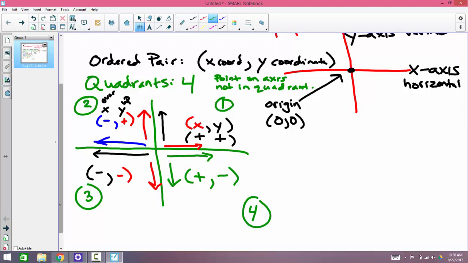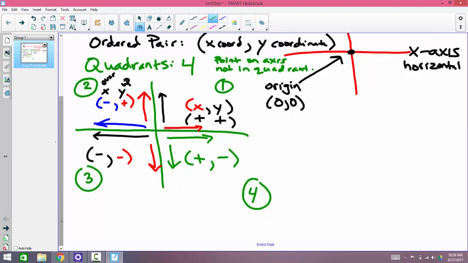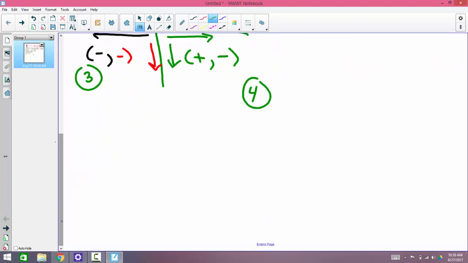So I'm going to give you a list of points. I want you to draw a coordinate plane, put them in the quadrants, and then list which quadrant they are in.